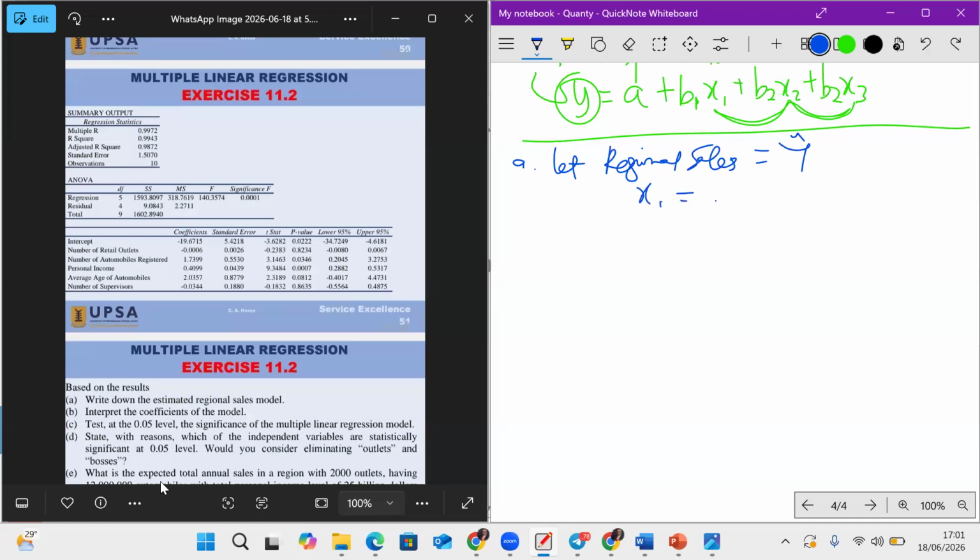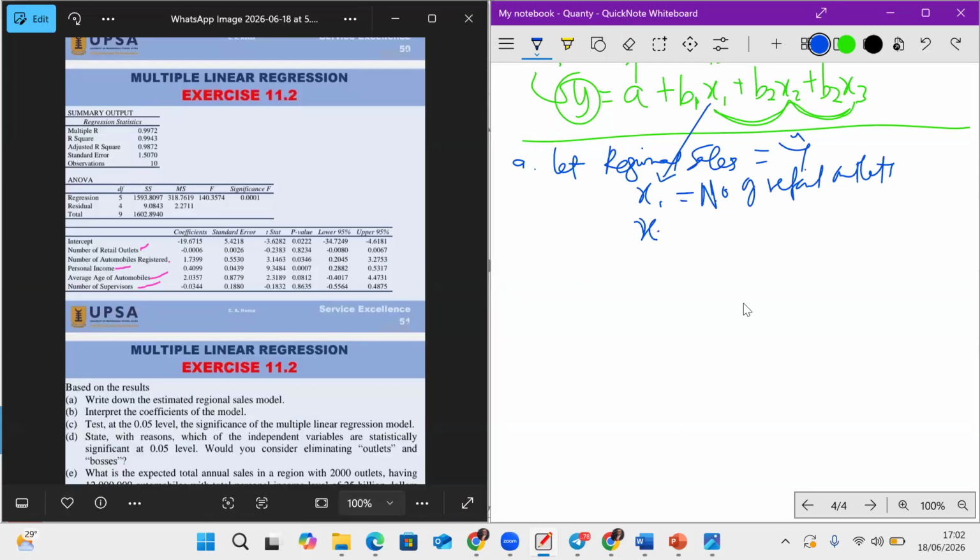Let x1 be the number of retail outlets. Let me be quick, I have another class. This is the retail outlet, X1. This is X2, this is X3, this is X4, this is X5. Are you good? Yes, sir.